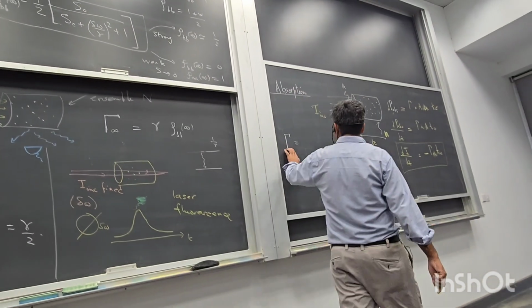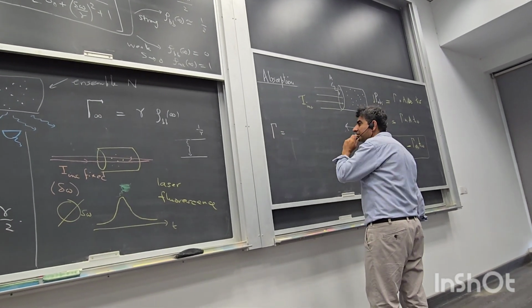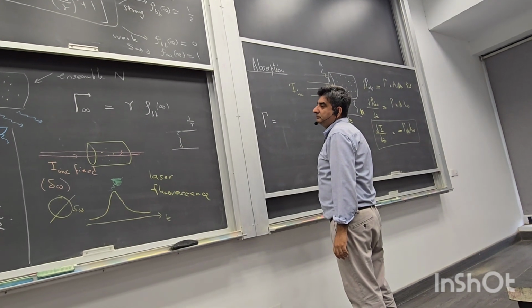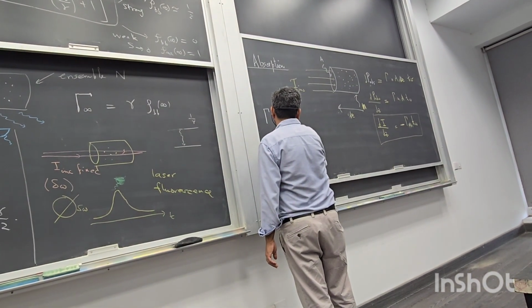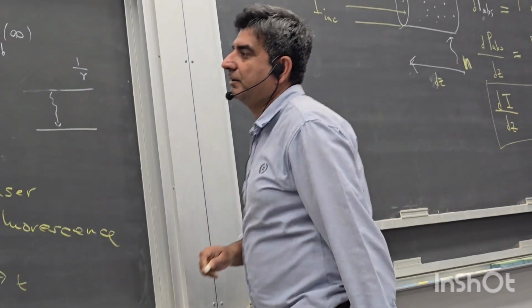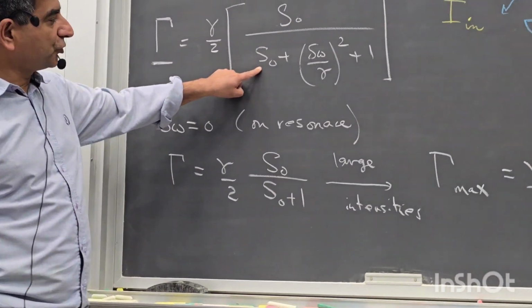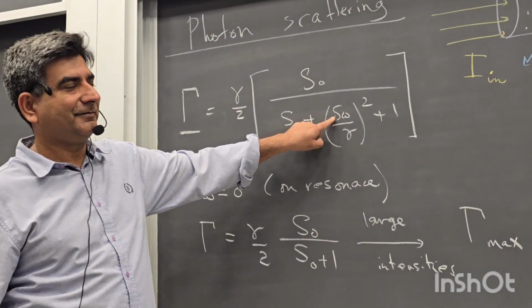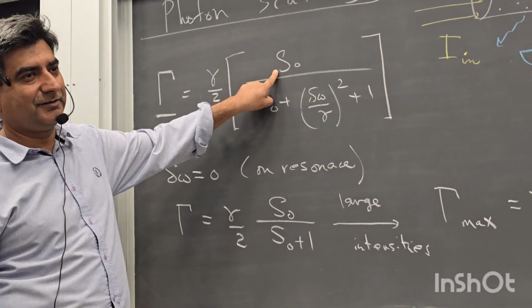So if I take this photon scattering rate in the weak field limit, this S naught will be much smaller than this term. If S naught is small, we'll just have S naught in the numerator.